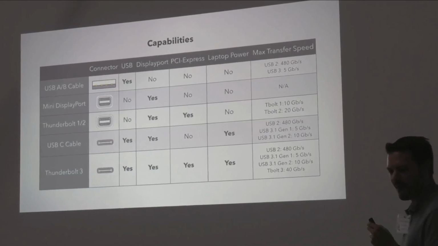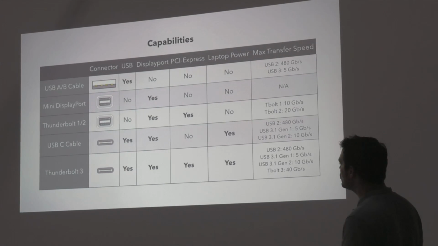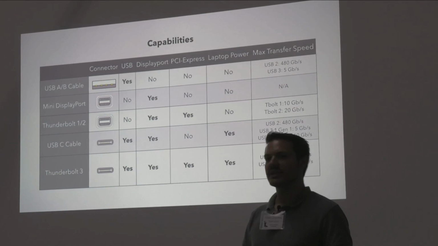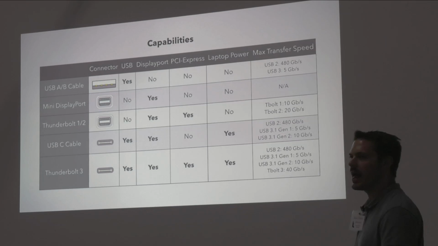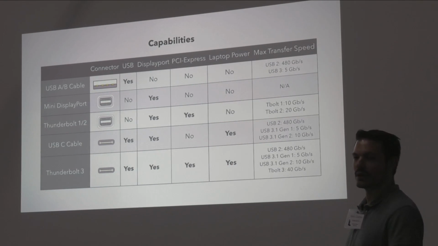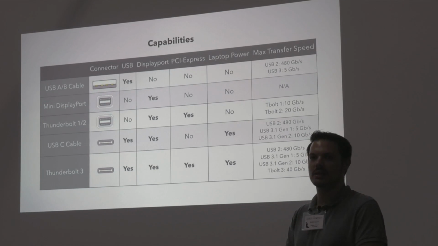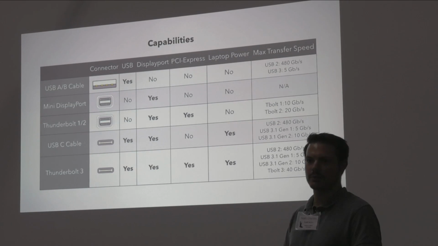USB-C is fantastic, and it can do a lot, as you see here, but there's one caveat, which is that it can do a lot, but it doesn't have to do a lot. And what I mean by that is when Intel introduced USB-C, they told manufacturers that they could pick and choose what they do and do not support in the cables.